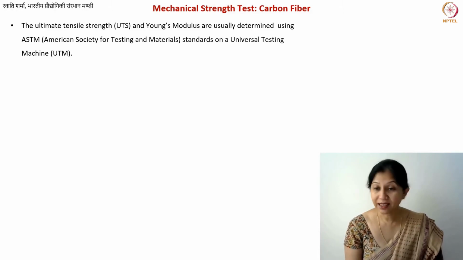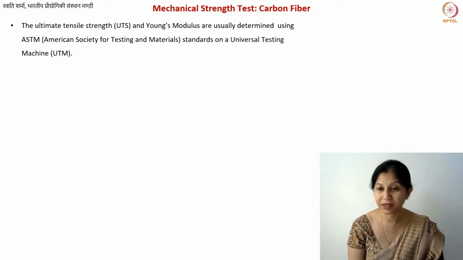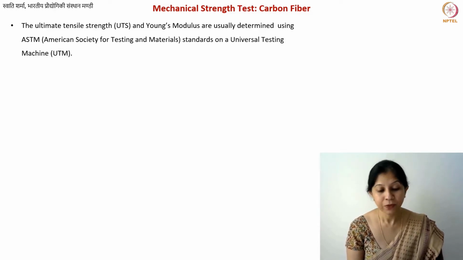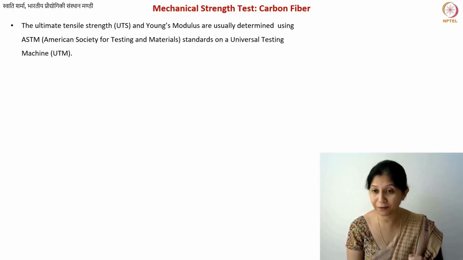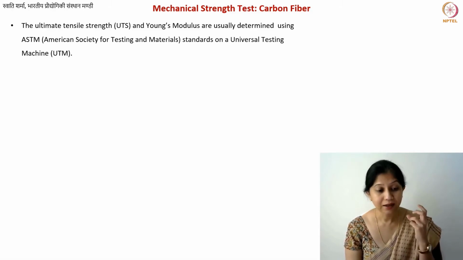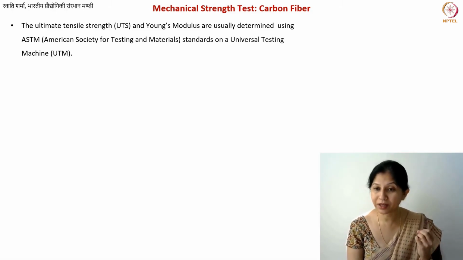So as I said, you will use a similar kind of setup that you would also use for a large scale material. Then what is the difference? Well, in the case of fibers, our sample is much smaller. Also, the loads that we apply, especially if you're performing the test for a single fiber, are much smaller compared to what you would use for a thick steel cylinder or rod. So that is one difference. The loading of the sample also becomes slightly different, because you may not have the same kind of sample holder.